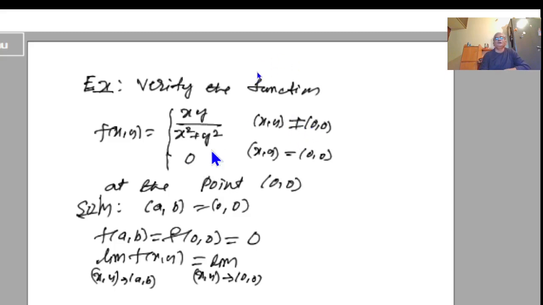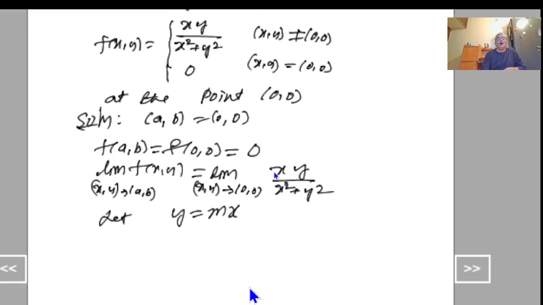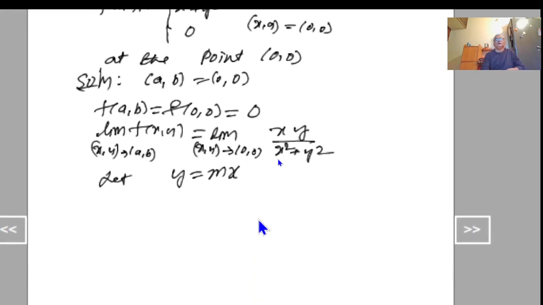If xy is not equal to 0, then this is my f of x comma y, that is xy divided by x square plus y square. So we have to find the limit of this. So here let me take y equal to mx, that is, x comma y tends to 0 comma 0 along the line y equal to mx, and this passes through the origin.